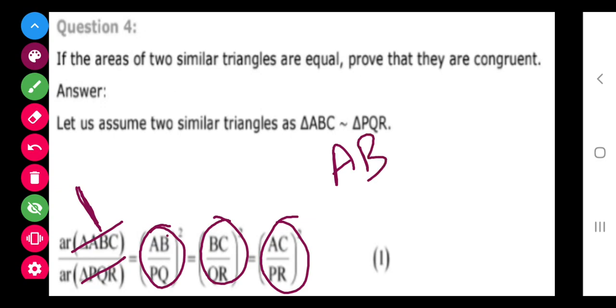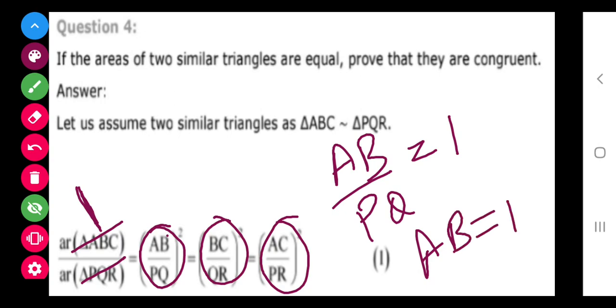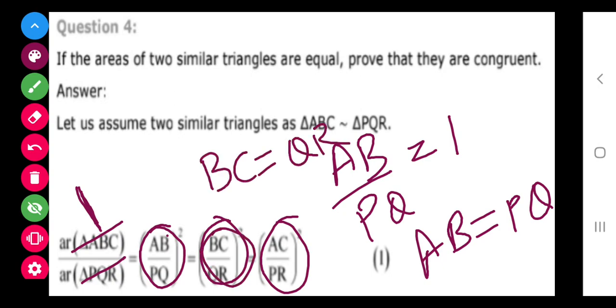Means AB upon PQ is equal to 1. That means AB is equal to PQ. Similarly, BC is equal to QR. Similarly, AC is equal to PR.